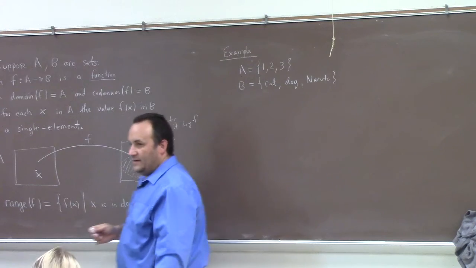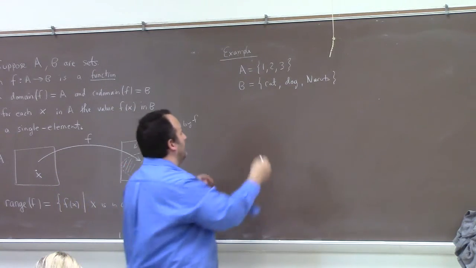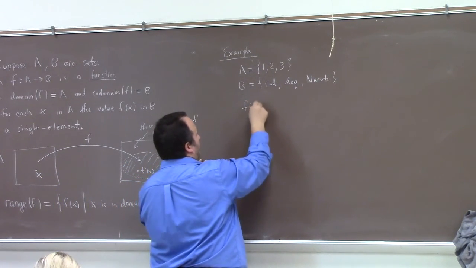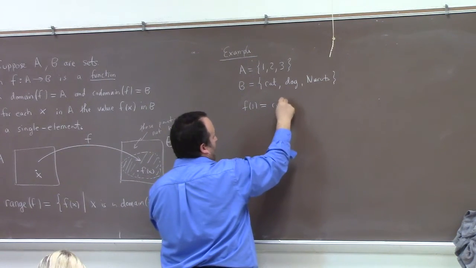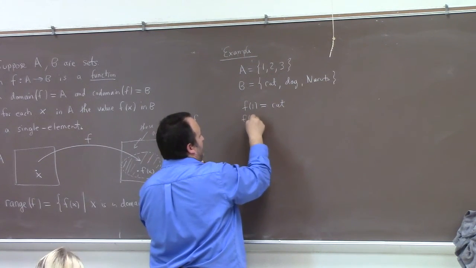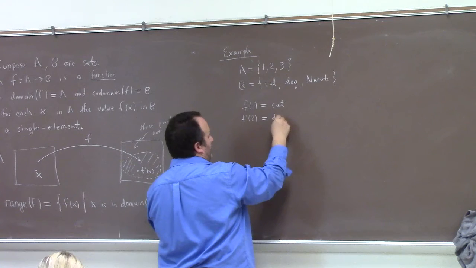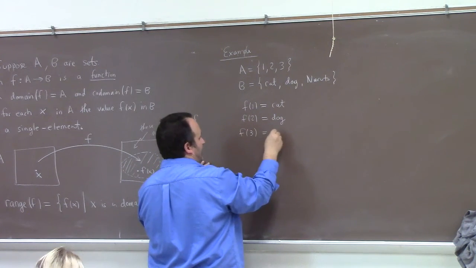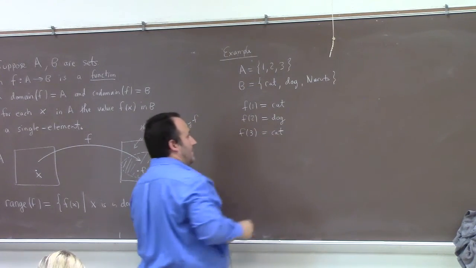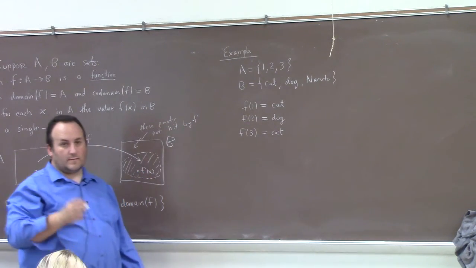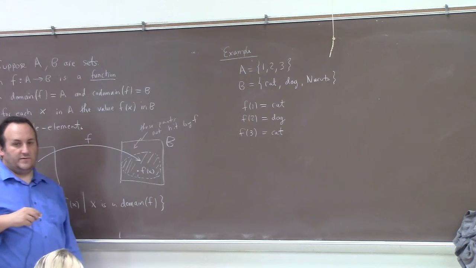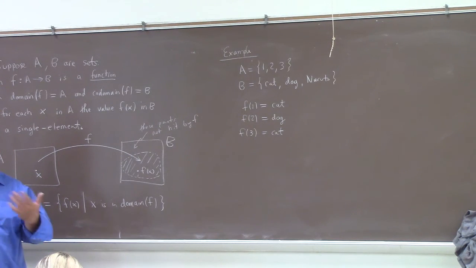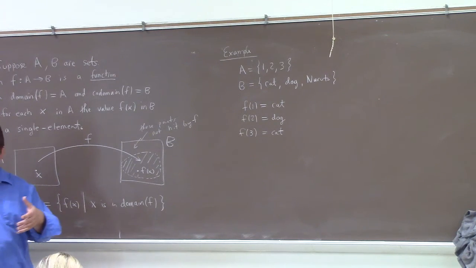And I will define a function as follows. f of 1 is cat. f of 2 is dog. f of 3 is cat again. So that's the one way we could define it, just by writing these equations. You could also define the function using like a picture.